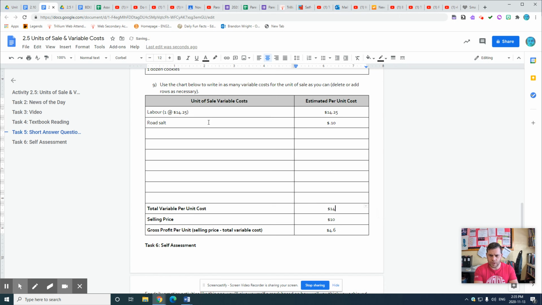You're not using many variable costs, right? And say I charge $25 an hour. That'll be $10.75. And then I can just delete these rows as necessary.